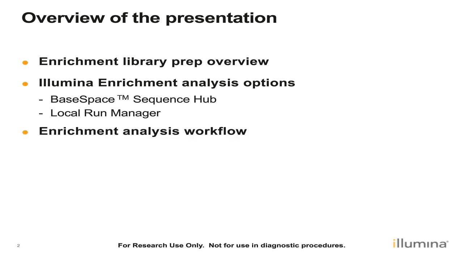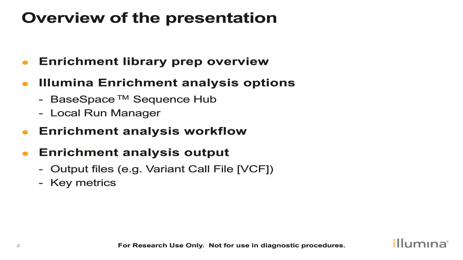We'll go through what the enrichment analyses are doing in the background, what their workflow is. And then we're going to take a look at some of the key analysis output files, including the all-important variant call files, or VCFs, and some key metrics files produced by the different applications.